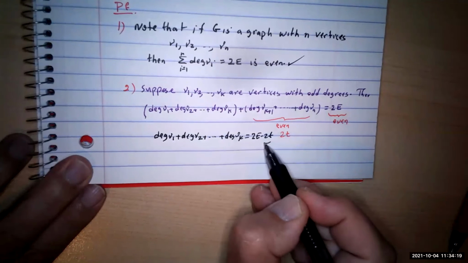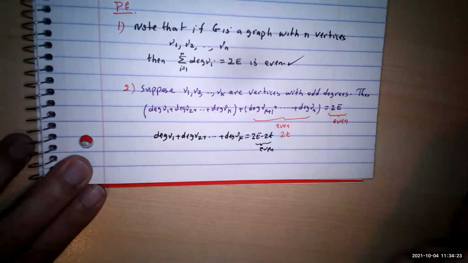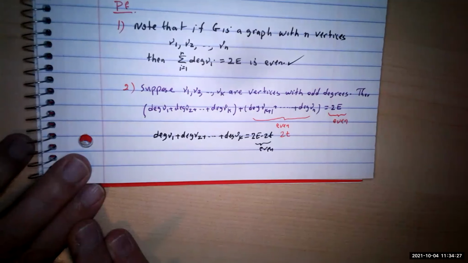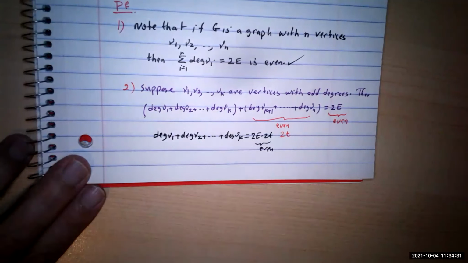So this is even. So this must be even too. And you know that these are all odd numbers.